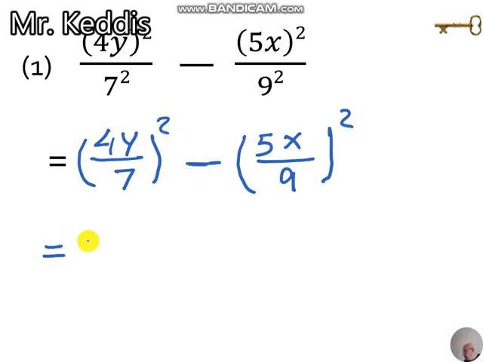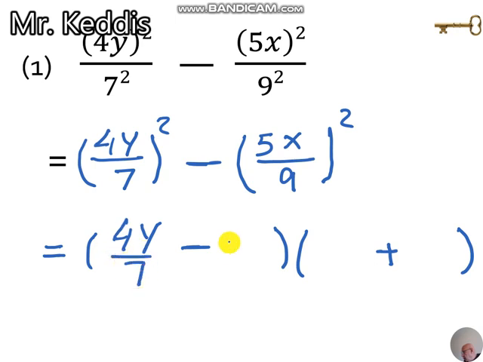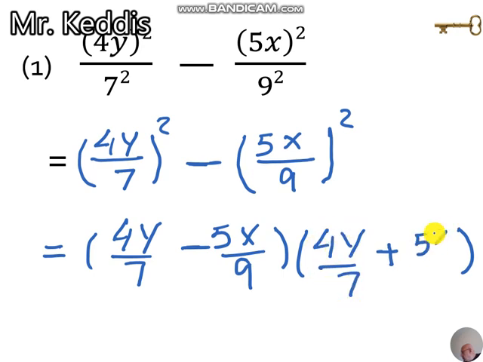To factor this, 2 big brackets, one minus, one plus, means 4y over 7 minus 5x over 9. The same thing here, 4y over 7 plus 5x over 9.